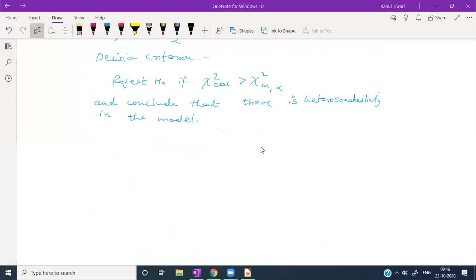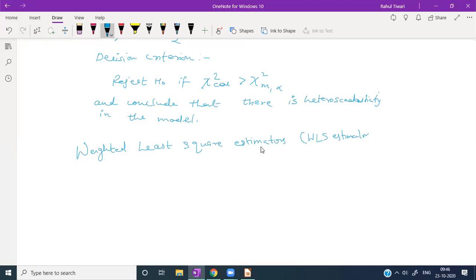Okay. So we have the weighted least square estimator, the WLS estimator.